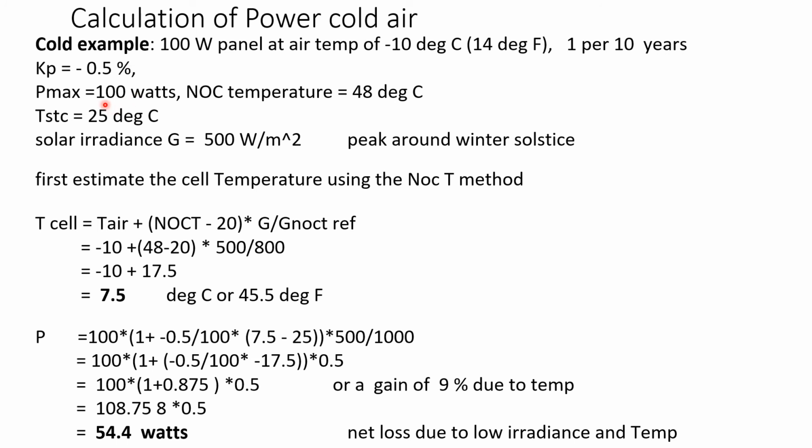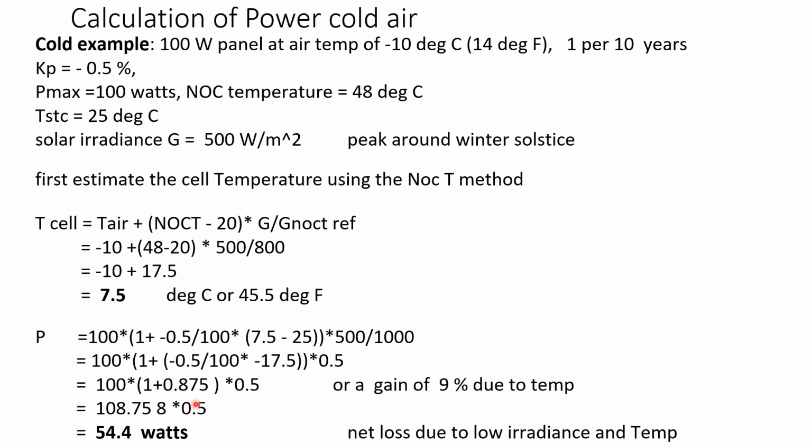I have a Pmax of 100 watts from STC, a nominal operating temperature of 48 degrees, and my reference temperature is 25 degrees C. And I'm going to assume, because I looked at some charts, that around the winter solstice, my irradiance is half that of what I get in the summer.